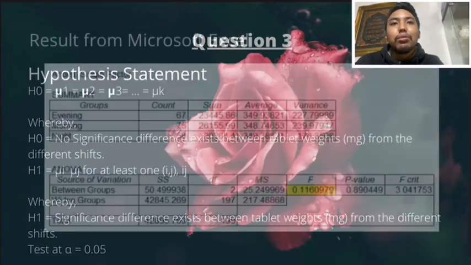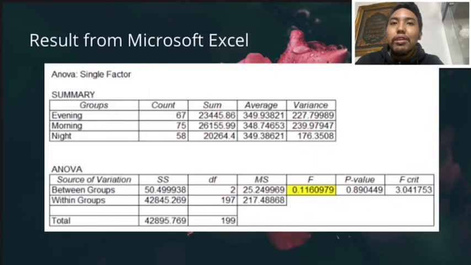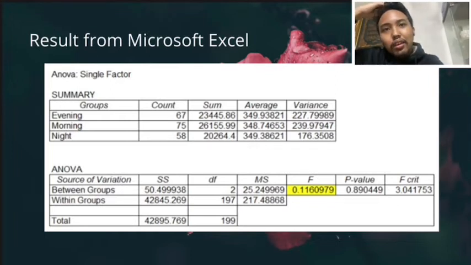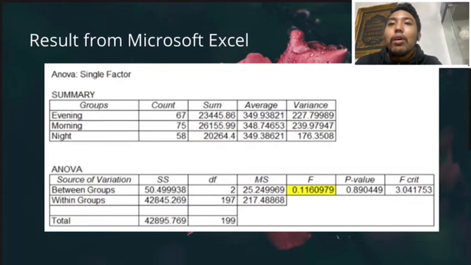Next, I want to talk about the result of the Microsoft Excel. As you can see here is the ANOVA single factor, which tells a lot about the data that exists in this result.